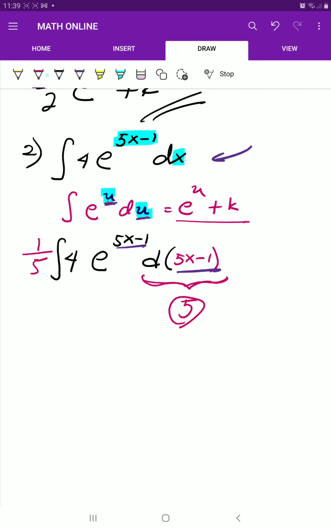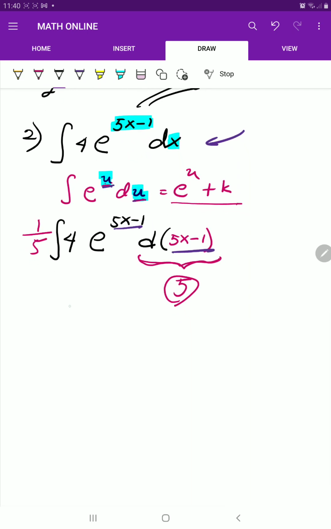So now this question follows this. Therefore, the final answer is 4 over 5 e to the 5x minus 1 plus k.